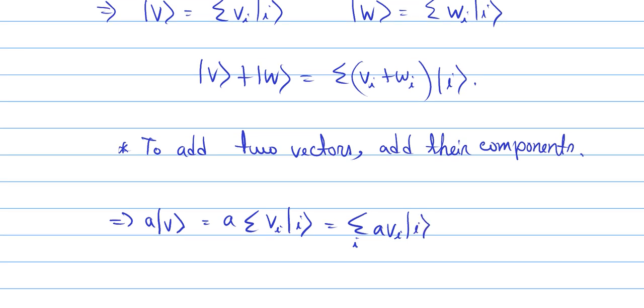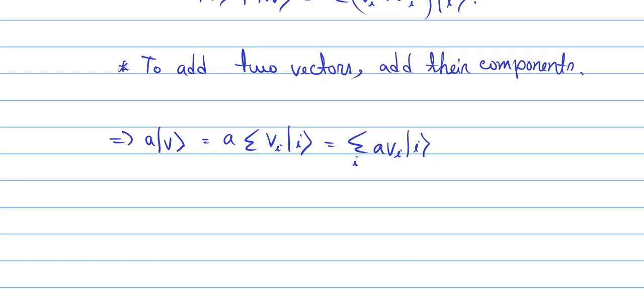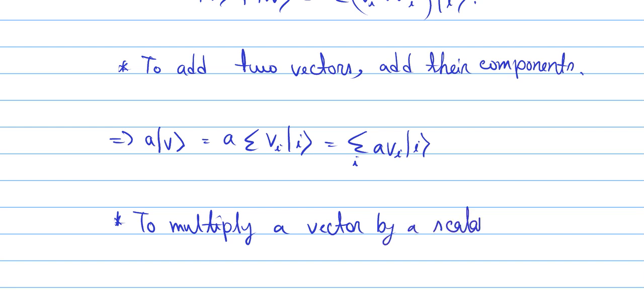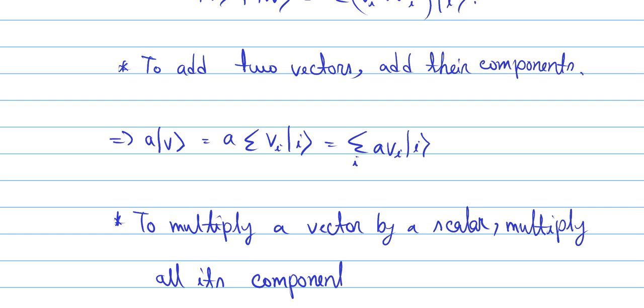And this is the multiplication rule. So easy rule: to multiply a vector by a scalar, multiply all its components by the scalar.